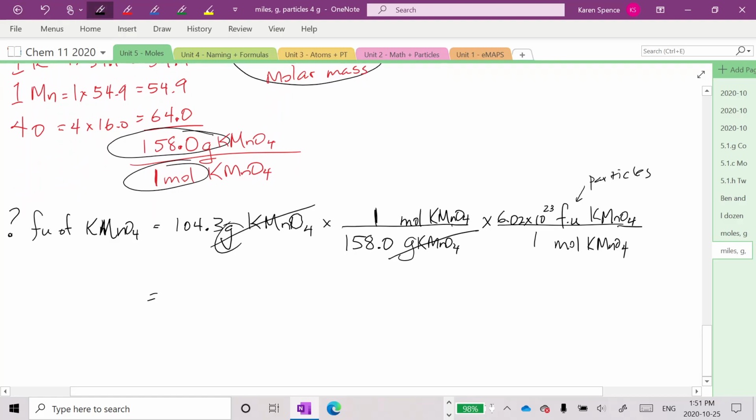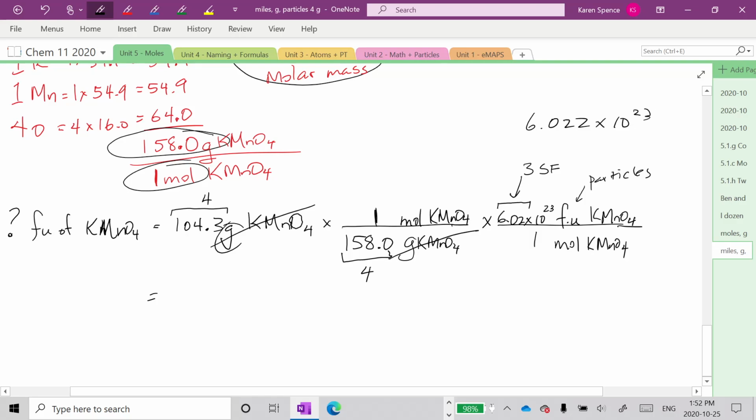104.3 divided by 158 times 6.02 times 10 to the 23 equals, and how many sig figs do we want? We've got 4 sig figs here and 4 sig figs here, but the Avogadro's number that we are using has only 3 sig figs. There is a version that has 4 sig figs, 6.022 times 10 to the 23, but we don't need to know that.